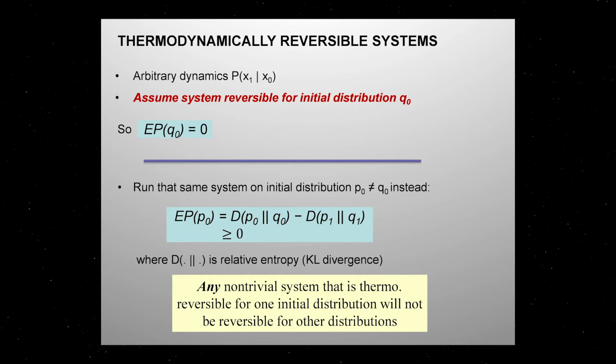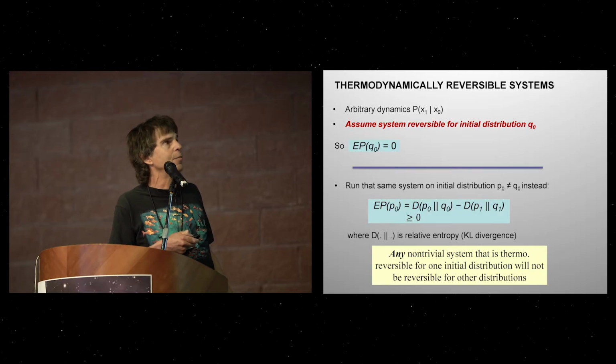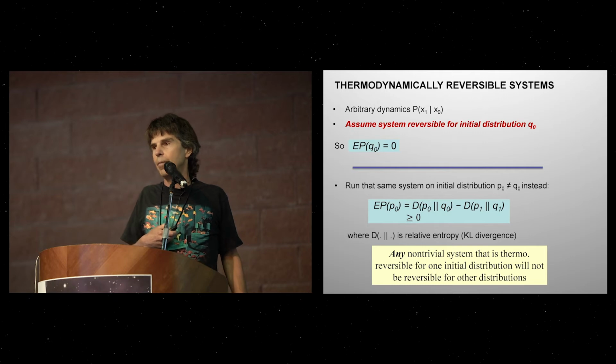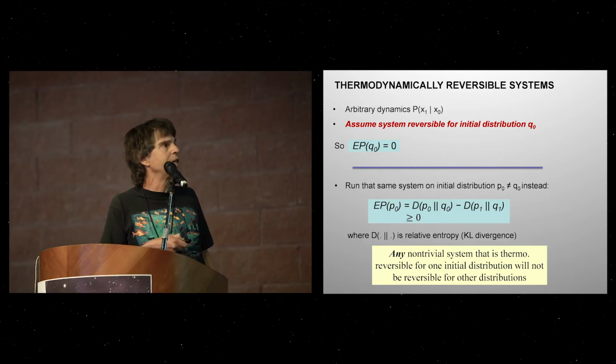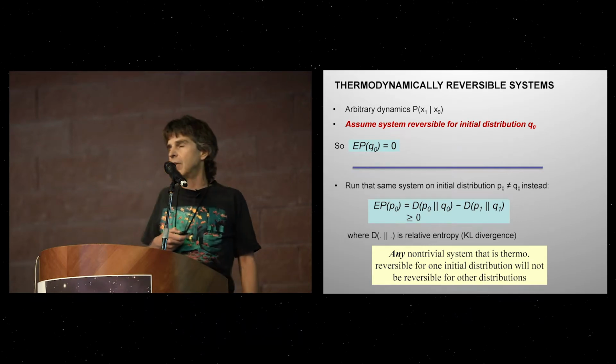If you run your system that's thermodynamically reversible for initial distribution Q0 on some different distribution, P0, now you are not thermodynamically reversible. And in fact, the total amount of irreversible entropy that you produce is going to be the drop in the KL divergence between your actual distribution and your idealized distribution as the process unfolds. And by the data processing inequality for KL divergence, this is non-negative.